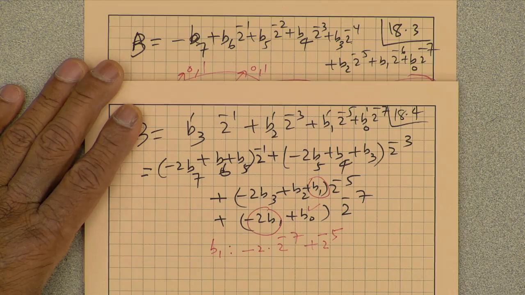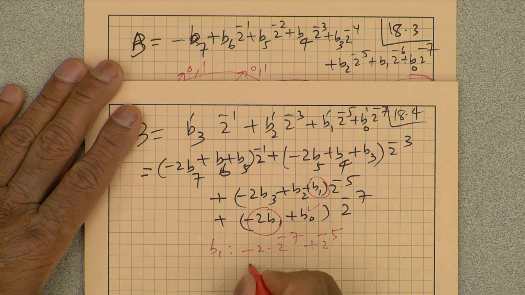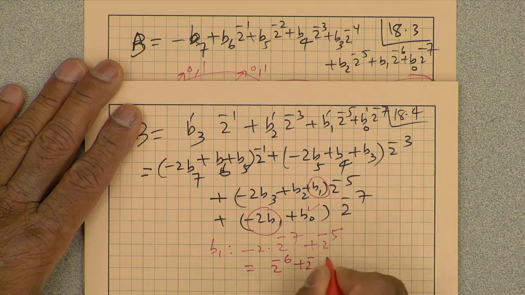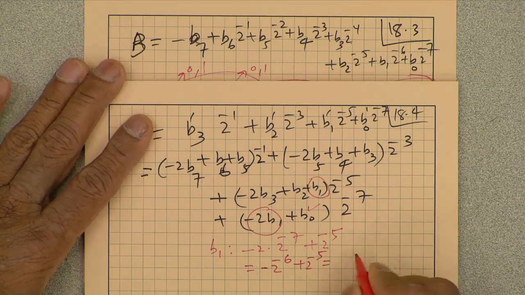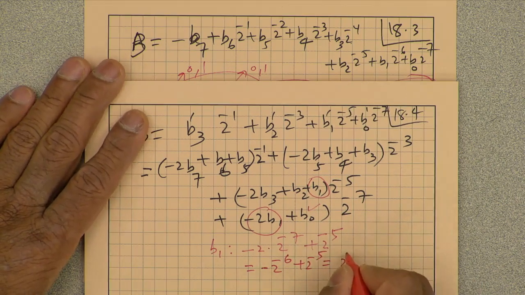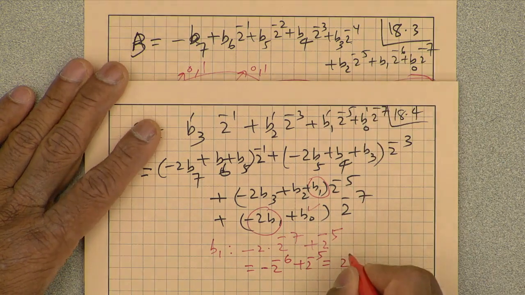Okay, so minus 2 to the power minus 6 plus 2 to the power minus 5, which is equal to 2 to the power minus, we want minus 6.